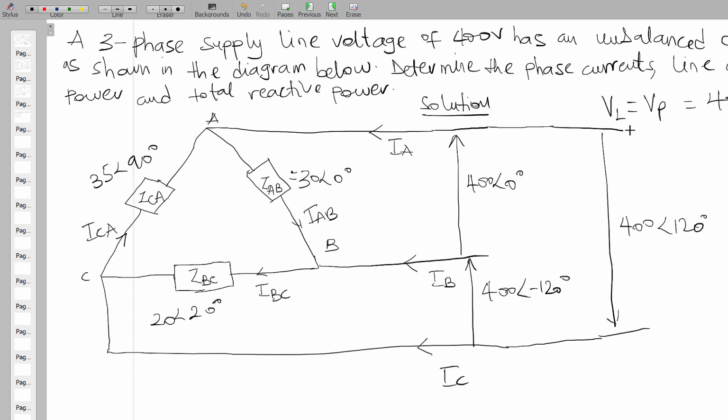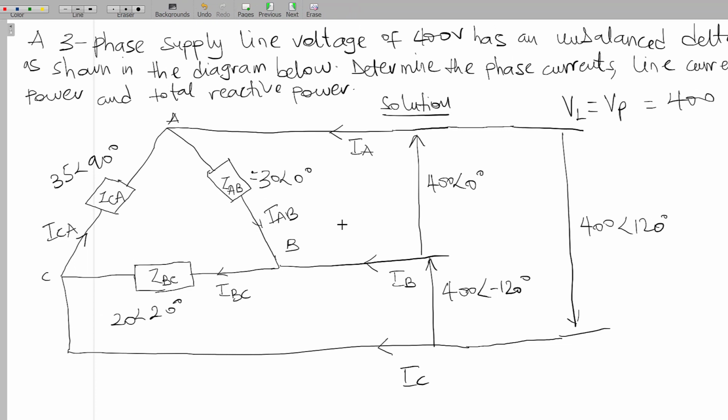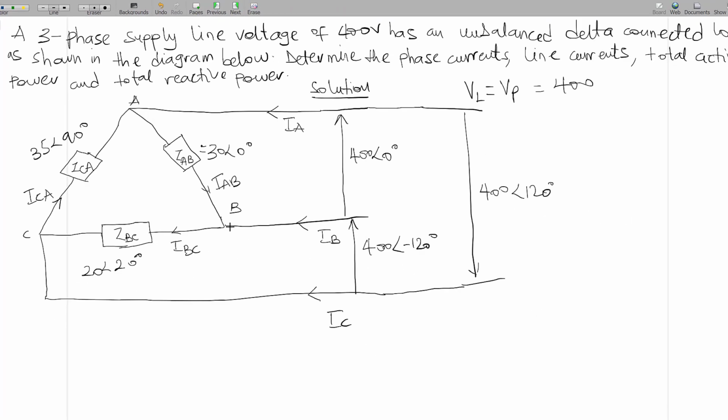So now we can find the phase current, that is IAB, IBC, and ICA. We can pick loops over here using KVL equation. We can say that the voltage between AB should be equal to the current there, IAB, times the impedance ZAB when we pick this loop.